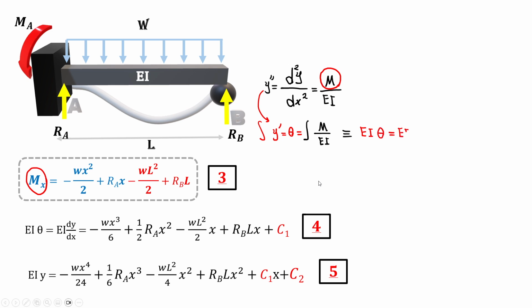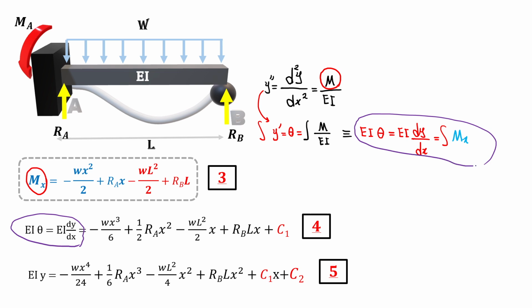We can also show it like this: if we rearrange the equation, EI times theta is equal to EI times dy/dx, like what we have here, and that is again an integration, or area under, M. So this equation simply says to integrate, or take the area under, the moment once.